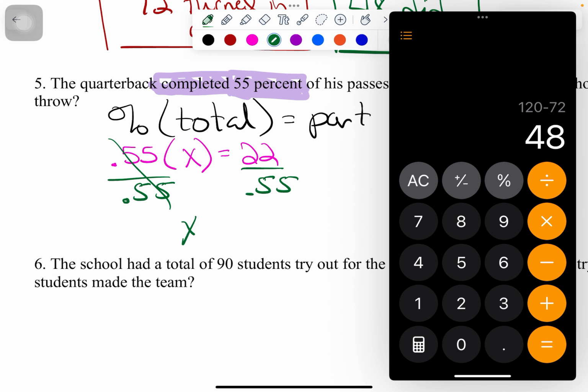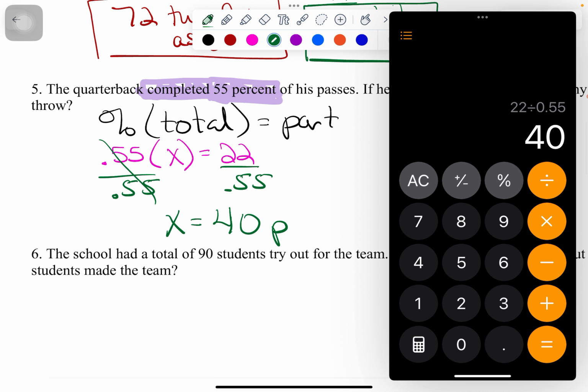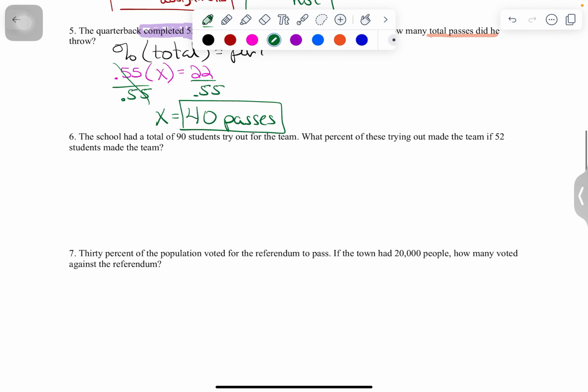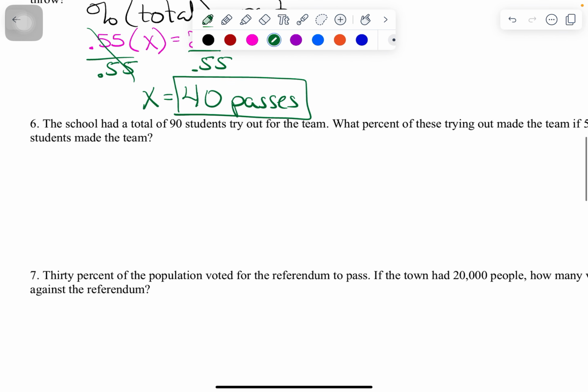So x is equal to 22 divided by 0.55. Our quarterback threw a total of 40 passes. Okay, and I think there's one more question. Nope, I lied. 2 more questions.